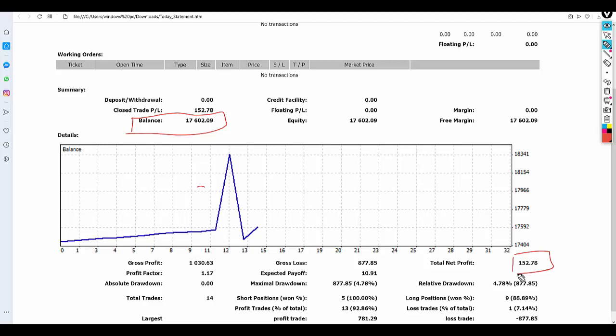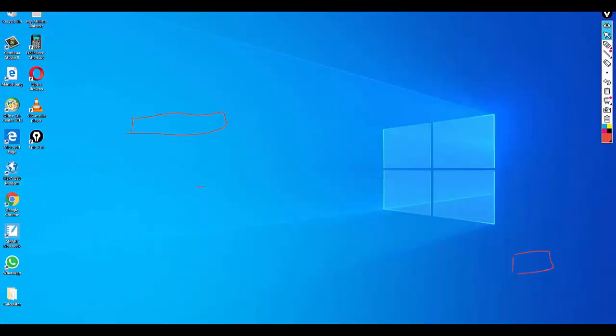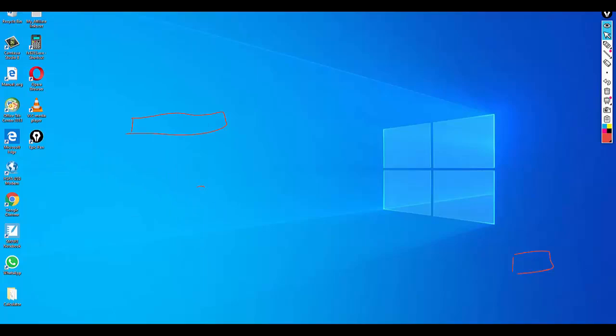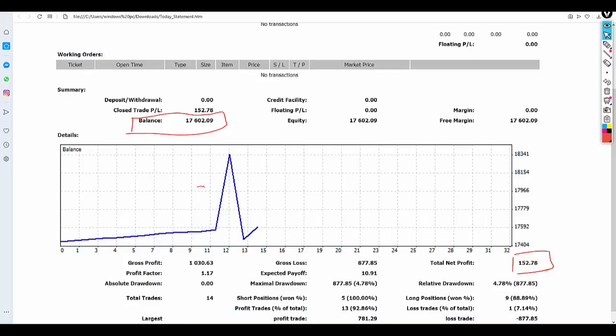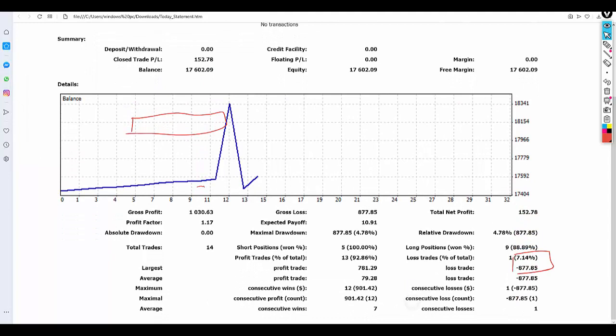Now, having known that, let me quickly do something here. We need to calculate something. Okay, this is my calculator. Now we have done that. Then let's see how much we exposed to the market according to what we calculated here.